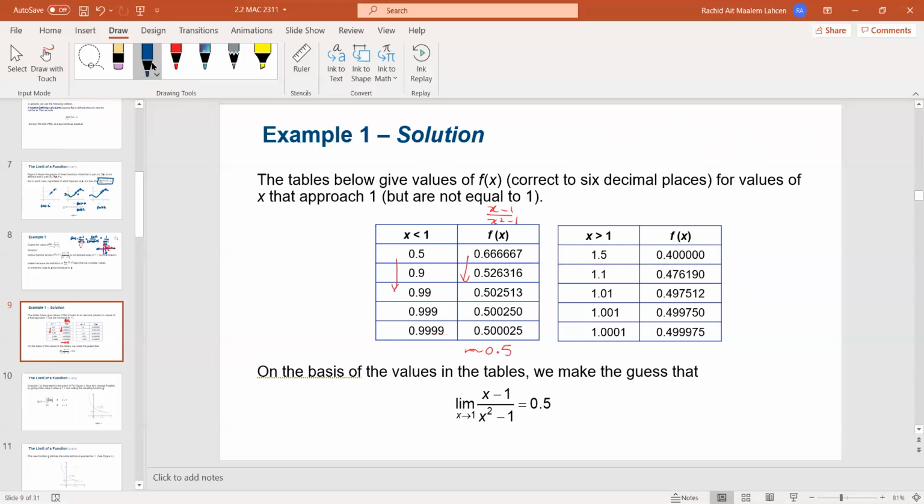If you try it from the right side, the upper numbers, and as you pick these numbers going towards 1, it is going close to 0.5 again. So without looking at the graph, we can say safely that the limit of the function as x approaches 1 is 0.5.